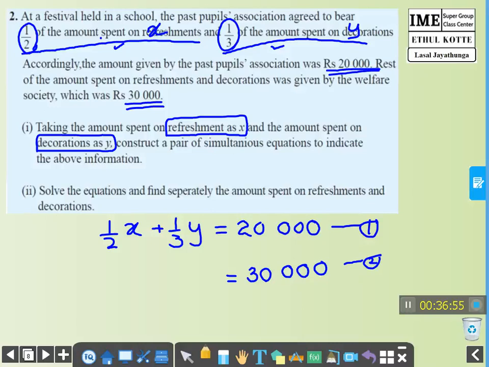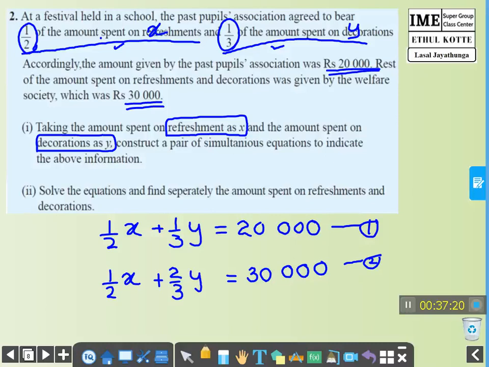Now, the welfare society gave 30,000. It is the balance of what was given here. Half of x was given by past pupils. What is the balance then? Another half. 1/3 of y was given by past pupils.